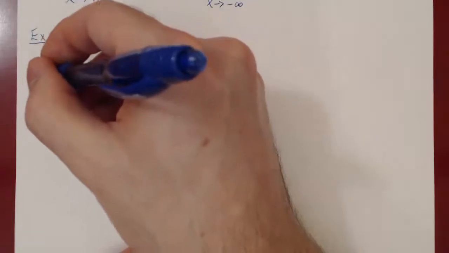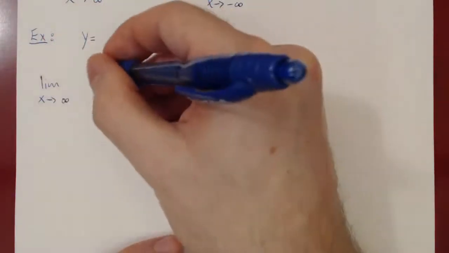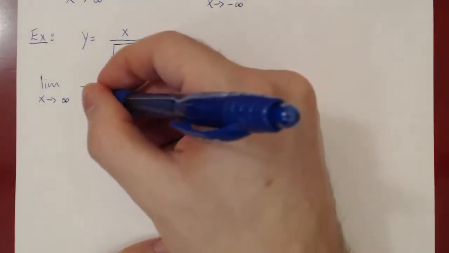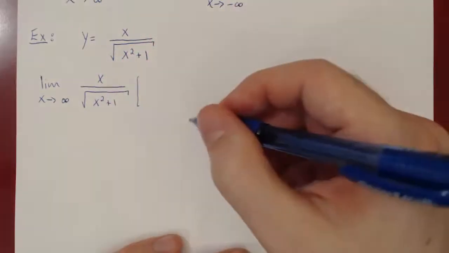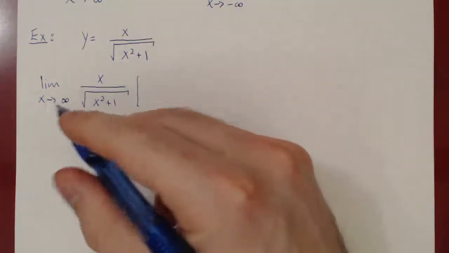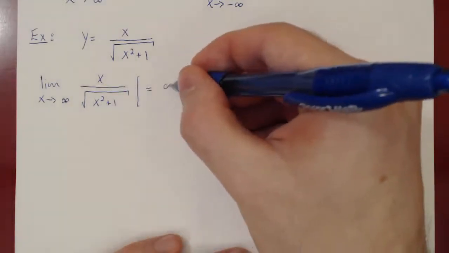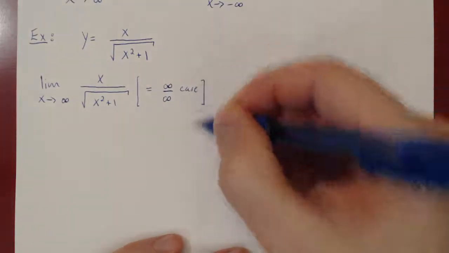So find our first limit as x goes to infinity of x over the root of x squared plus 1. Well, clearly here we have as x goes to infinity, an infinity over infinity case. Be very careful here not to apply L'Hopital's rule.